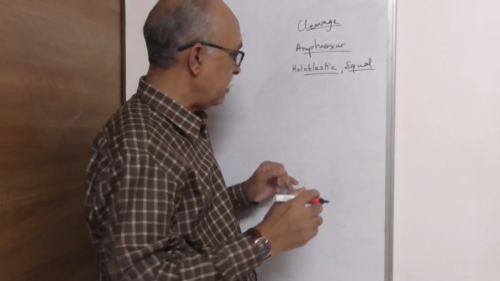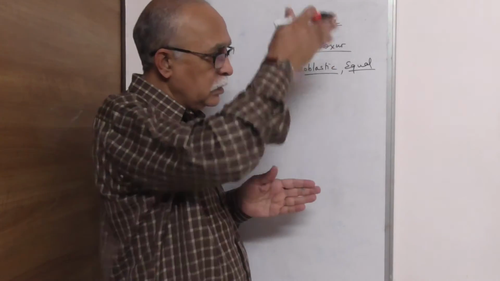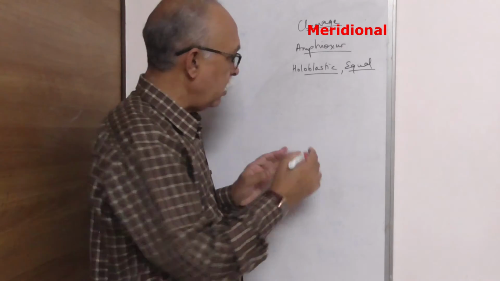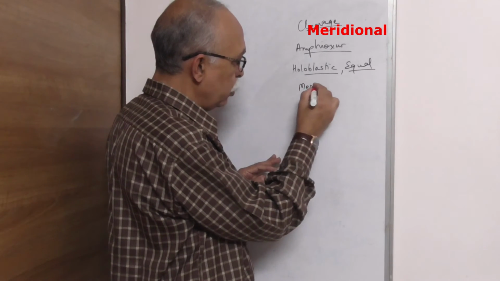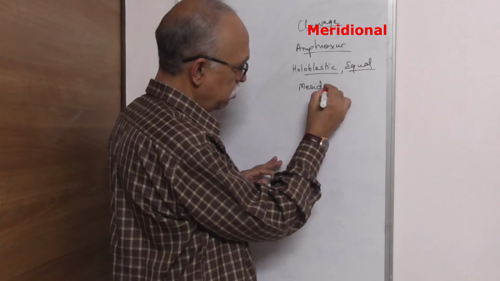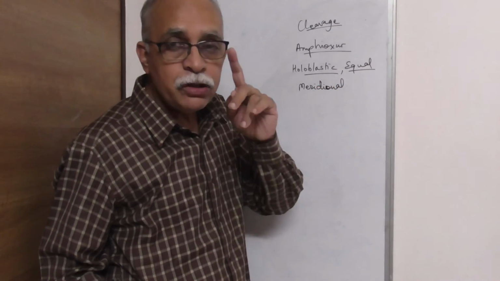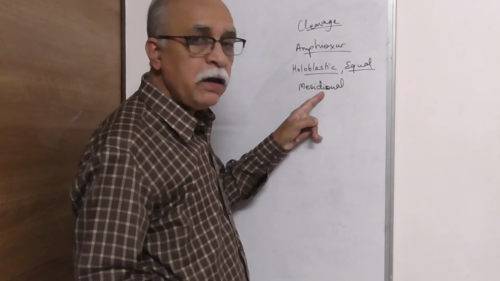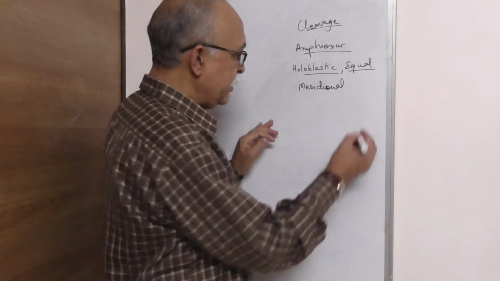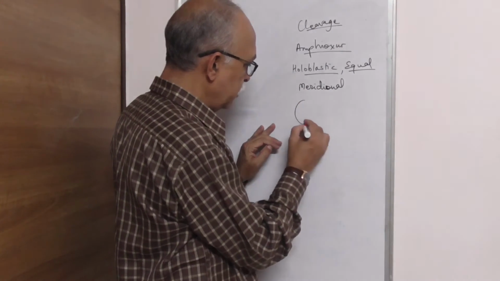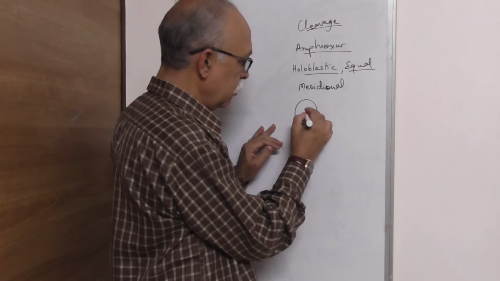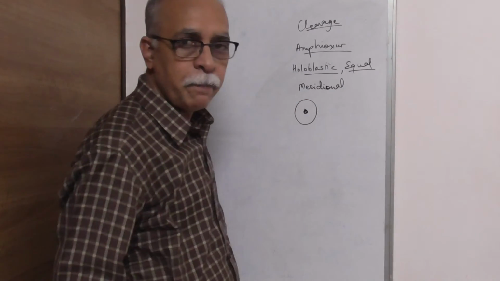How does the cleavage take place? The first cleavage is vertical. You can call it meridional. Second cleavage is also meridional, but it is perpendicular to the first one. So how do we show that? Suppose this is the zygotic cell, this is the diploid nucleus.